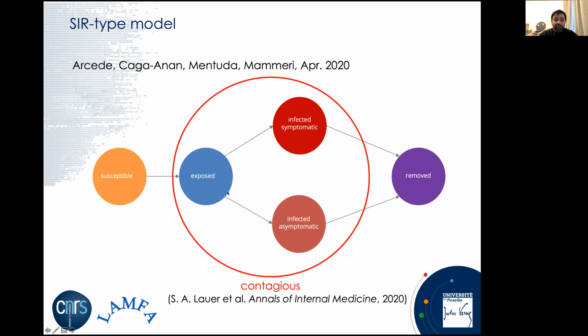I think now people are using this kind of splitting. Some people add even more symptomatic levels: in the beginning you have few symptoms, then the symptoms become more and more severe. Some people also add hospitalization, and so on.